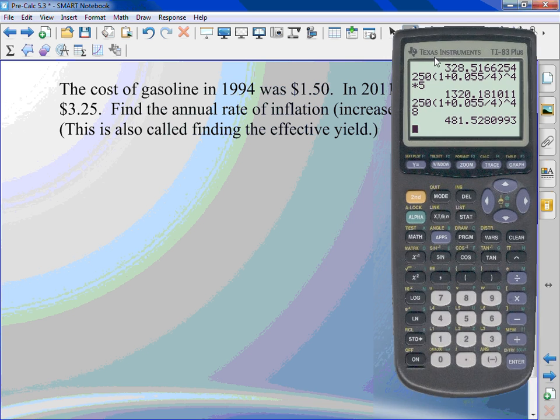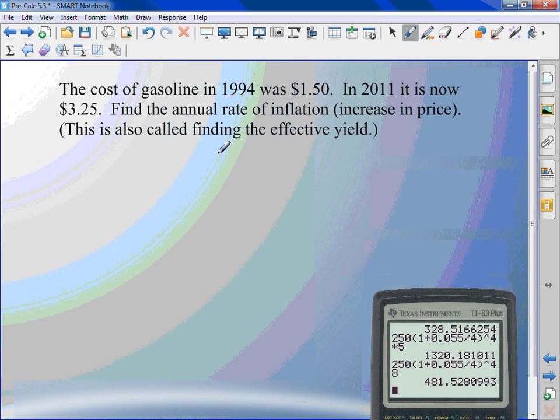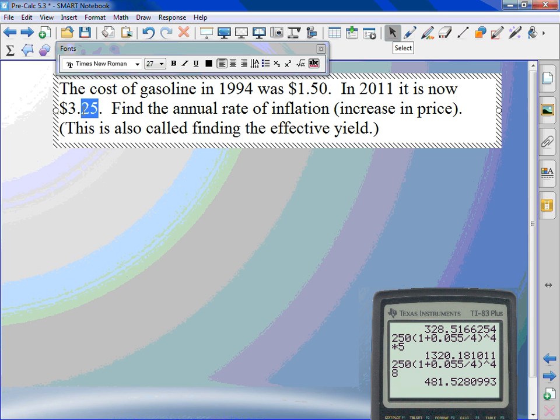Here's another type. All right. When I originally wrote this lesson, gas was 3 1/4. Now it's, I think, 3.50.